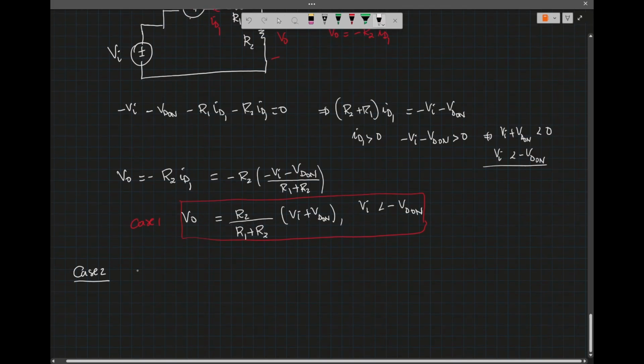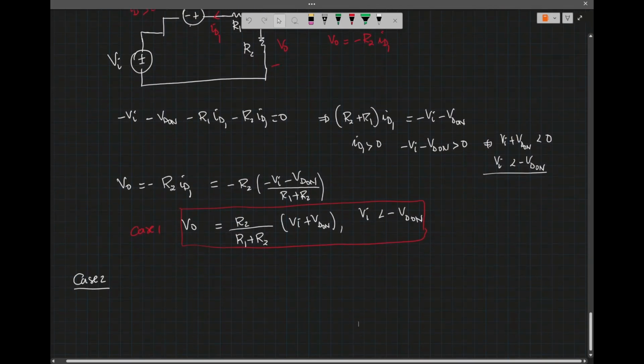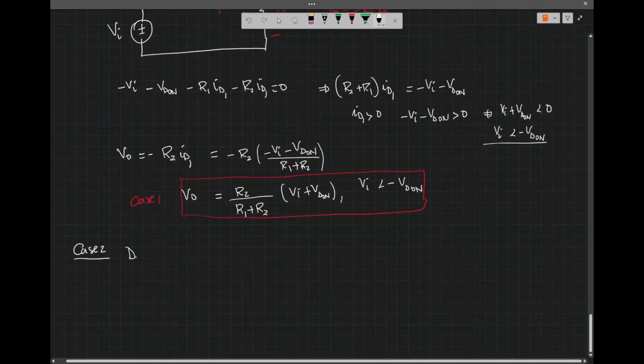For case 2, what do we have? D1 off and D2 on.